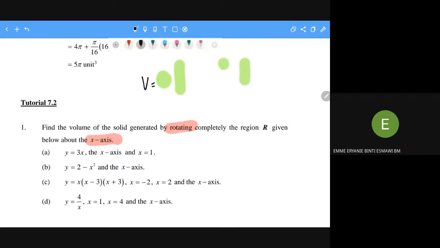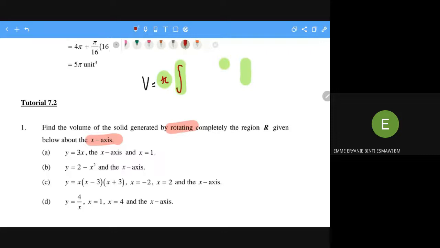Macam mana nak ingat benda tu? Okay, ingat je yang ni. The first one is pi, wajib ada di depan tu. The next one is integral sign, wajib ada dekat situ. The next one is square, yang maksudnya bracket something square. Last sekali is D. D of what? D of what? Then it's going to be D yang disambung dengan whatever the axis is.